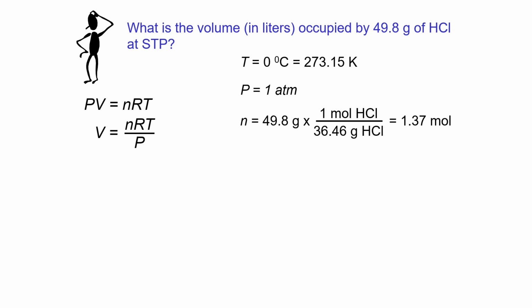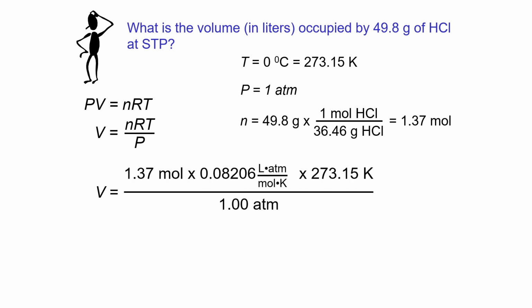Let's plug all these numbers into the equation and also put in the value of R that we determined. In most of these applications, we're going to limit R to 4 sig figs, so 0.08206. You don't have to memorize it, but believe me, you will use it so often that you will remember that value.